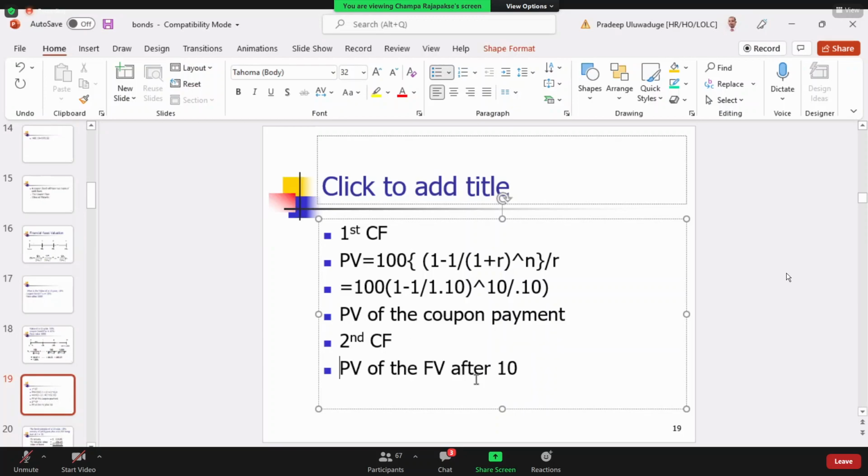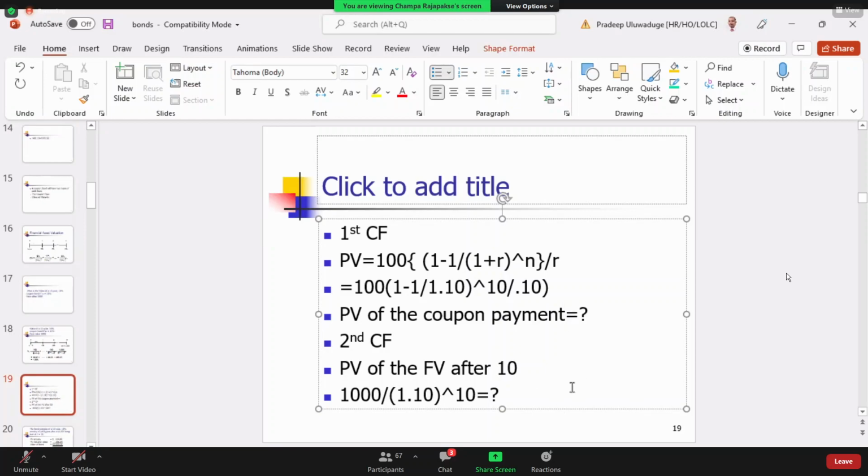So the present value of the amount after 10 years is 1,000 rupees divided by 1.10, that is the interest rate of 10%, to the power 10 because we are discounting it for 10 years. So can anyone give me the answer for this and this and this?